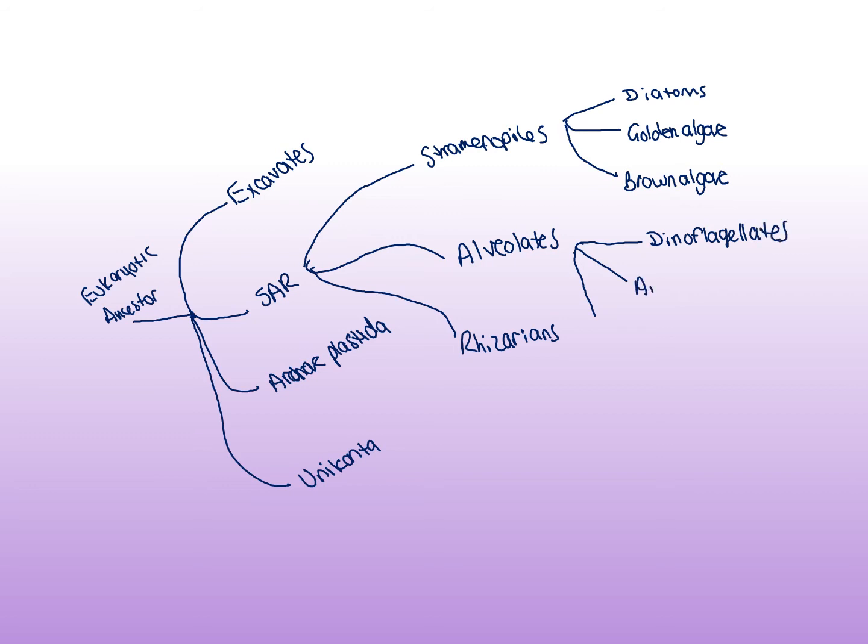And that includes the dinoflagellates, the apicomplexans, and the ciliates. And the rosarians are going to divide into the forams or the foraminifera, and the cercozoans. And then, of course, the radiolarians.